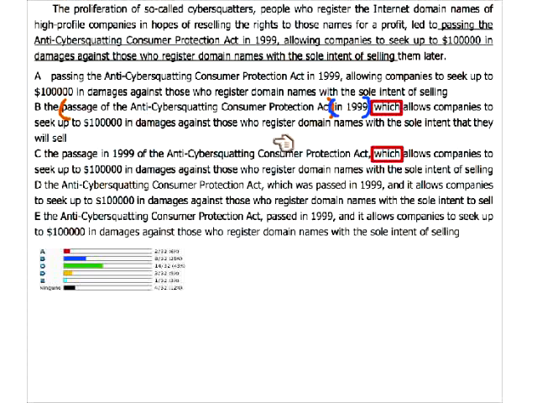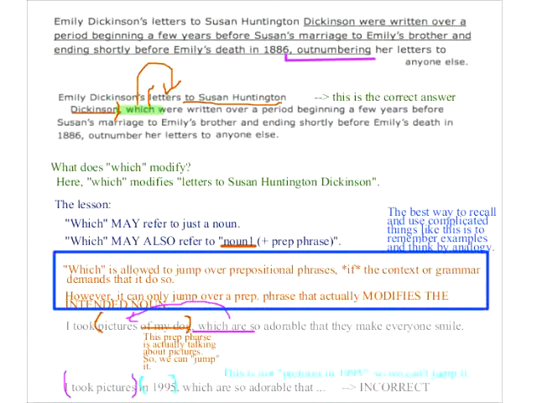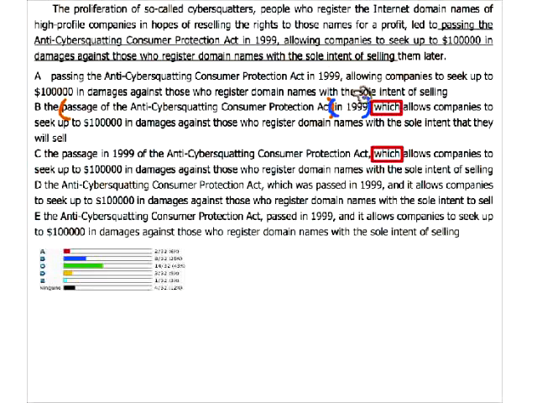This is kind of like saying I took pictures in 1995, which you're not allowed to do unless you're trying to modify 1995. Like if you say I took pictures in 1995, comma, which was the last year I was in town, then that's fine, because then which is modifying 1995. But here it doesn't work, because it's not this act in 1999. It's they passed this act, and then this is another description. So this is a jump that you're not allowed to make.